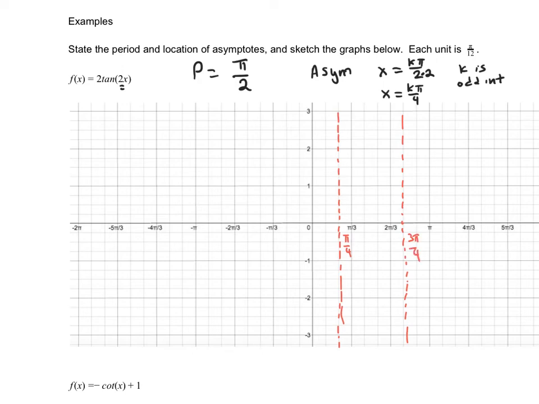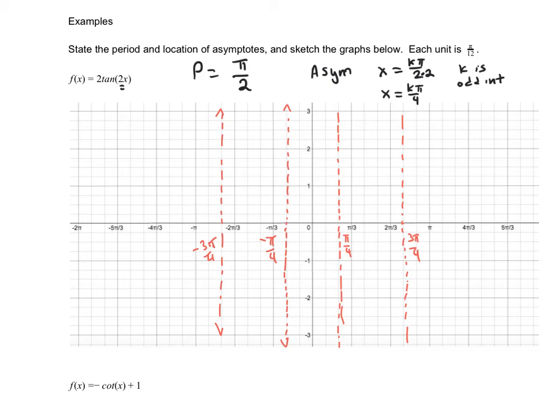I could go negative 1 pi over 4, so that should be there. And again, since this is in twelfths, every 3/12 is 1/4, so I'm basically just skipping 6 in between these. So there's negative 1 pi over 4. I could go slightly on the other side here and get negative 3 pi over 4. And I could keep going over and over and over again.